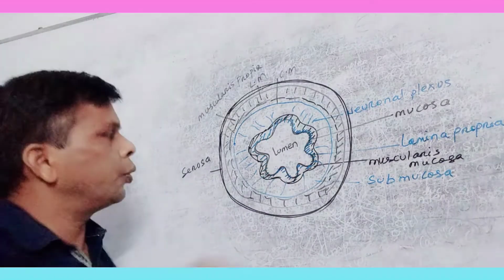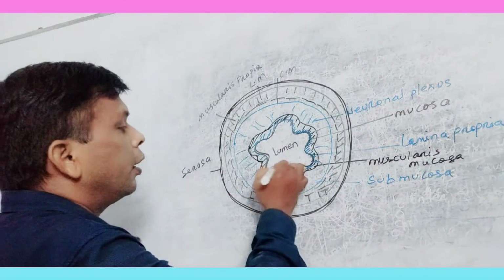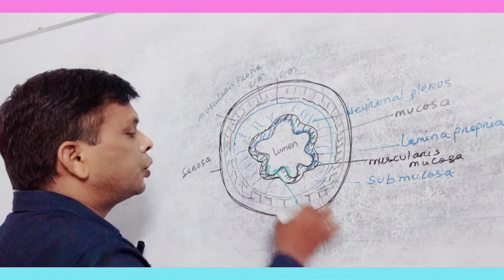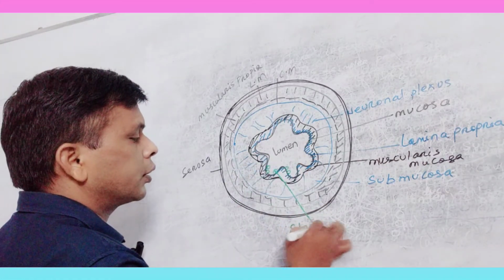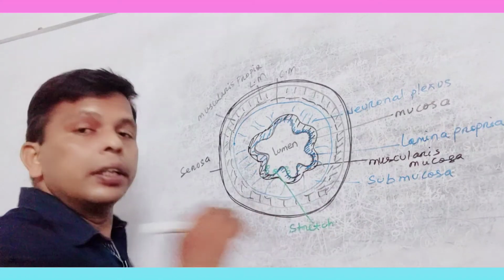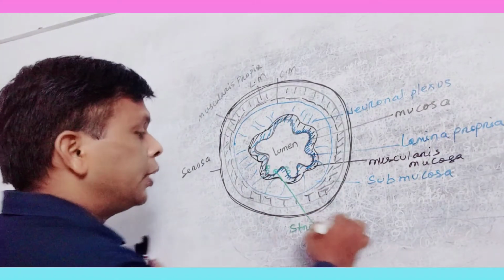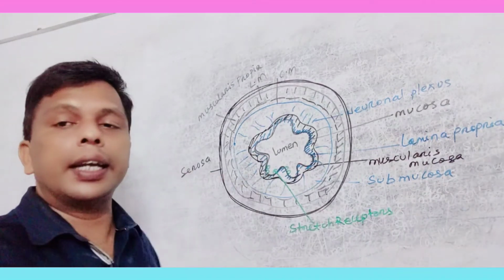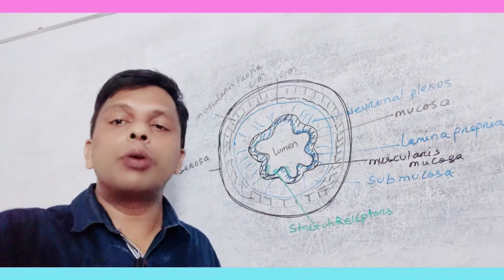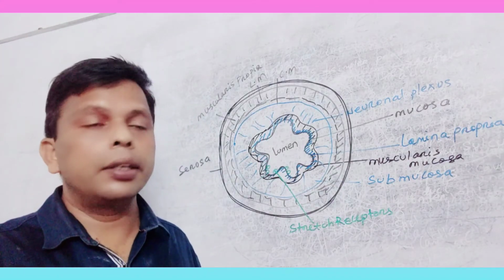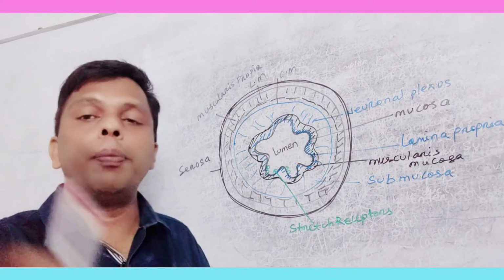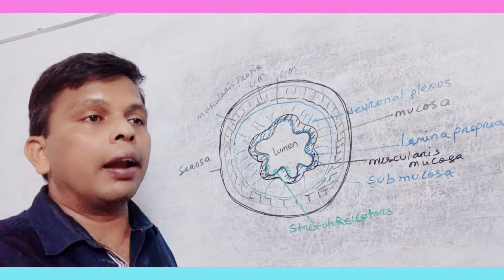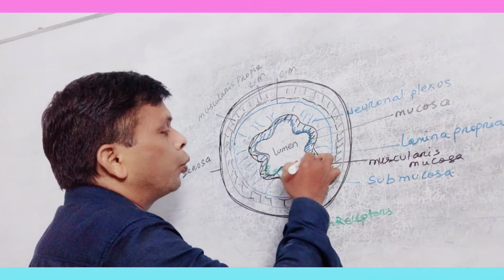Whenever food reaches the lumen, in the mucosa there are numerous stretch receptors and chemical receptors. They send a signal to the brain, and immediately the brain sends a signal to the lining endocrine glands to produce hormones.